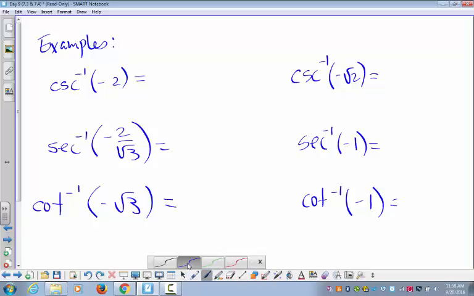Try this. If you can scramble your mind to be thinking about angles as outputs instead of ratios as outputs.